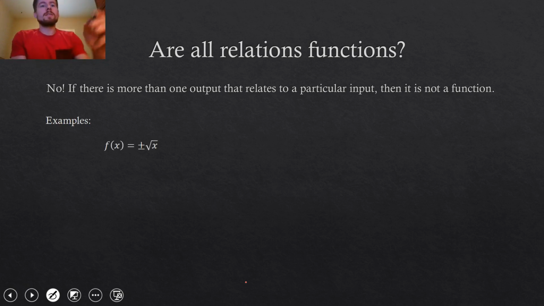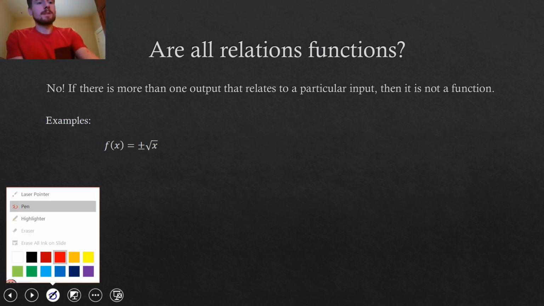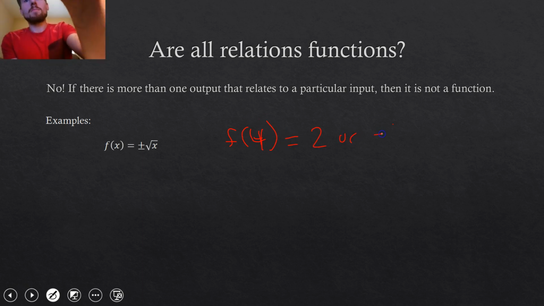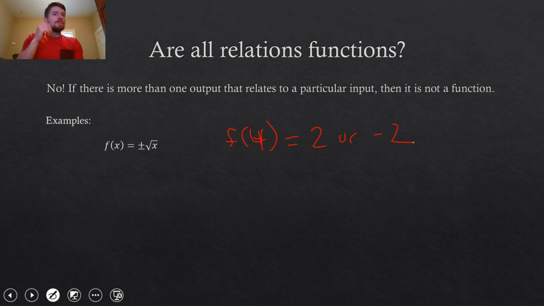From earlier, this relation is not a function. So let's say we tried to evaluate f of 4 as we did earlier. And we got two answers, 2 or minus 2. And so because we don't have exactly one answer, it's not a function. It's a relation, but it's not a function.